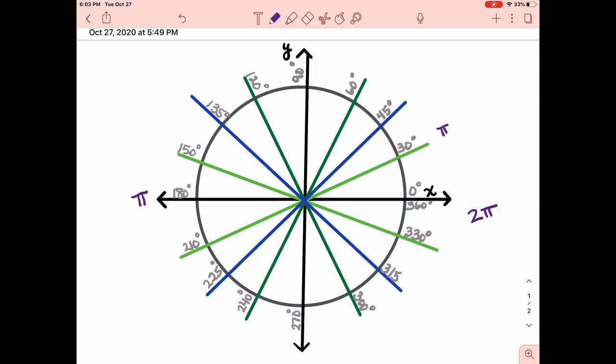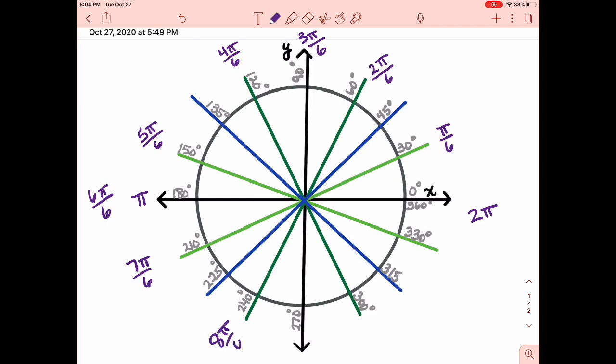So I'm going to have pi over 6, 2 pi over 6, 3 pi over 6, 4 pi over 6, 5 pi over 6, and 6 pi over 6. If I want to keep going, I have 7 pi over 6, 8 pi over 6, 9 pi over 6, 10 pi over 6, 11 pi over 6.